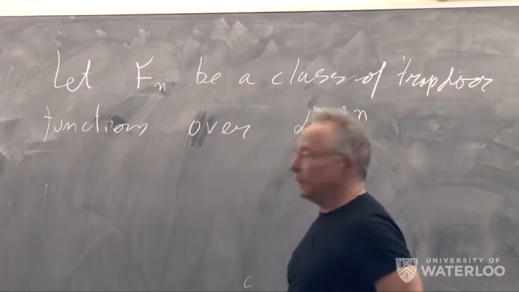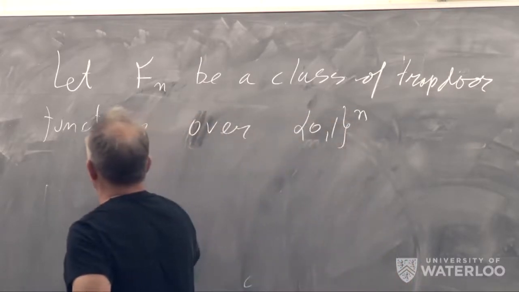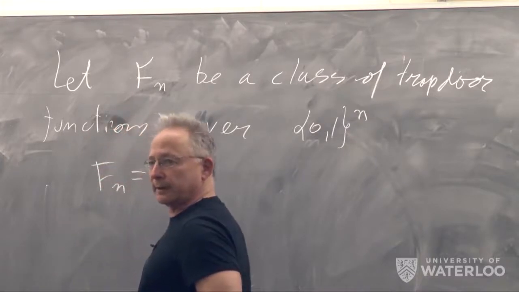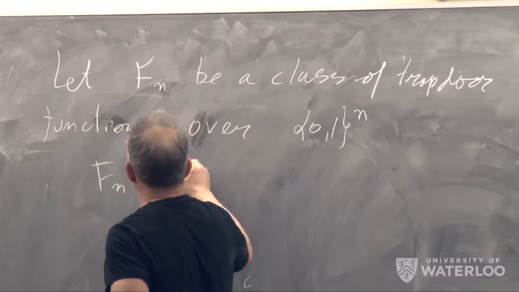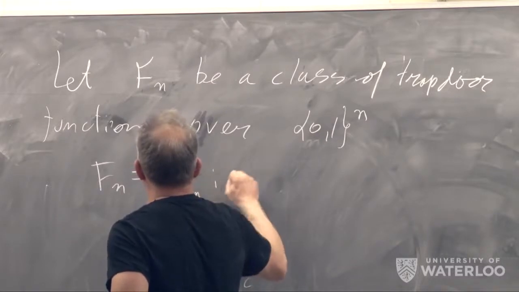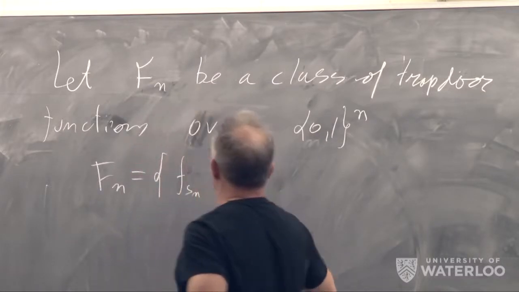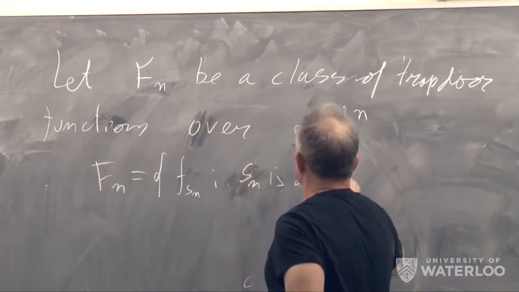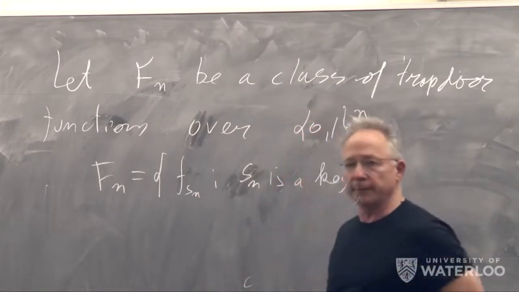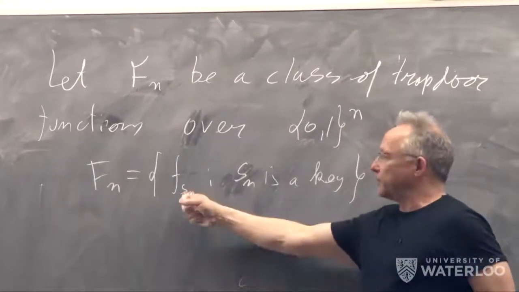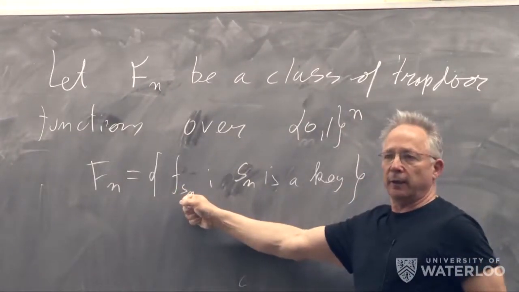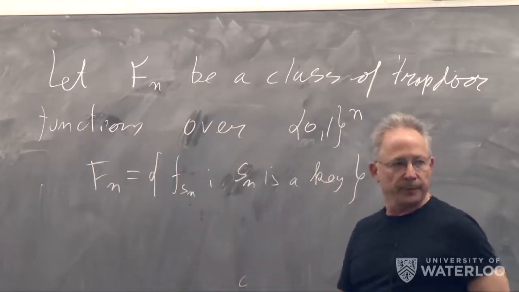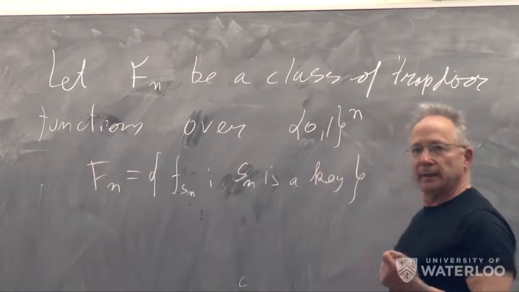So what do I mean? I mean that fn is actually a collection of functions f of s of n, where s of n is a key for this function. So every such function has its key. And I know that without the key, it is difficult to invert, and with the key, it is easy to invert. Right?